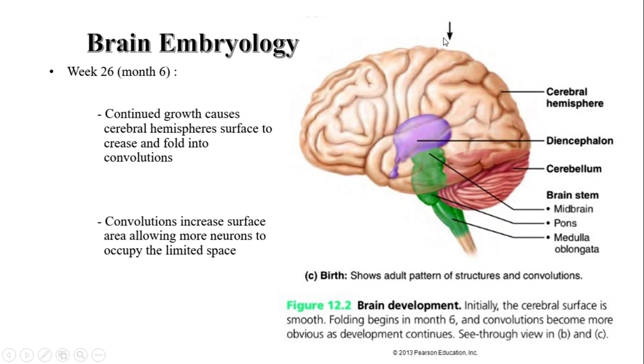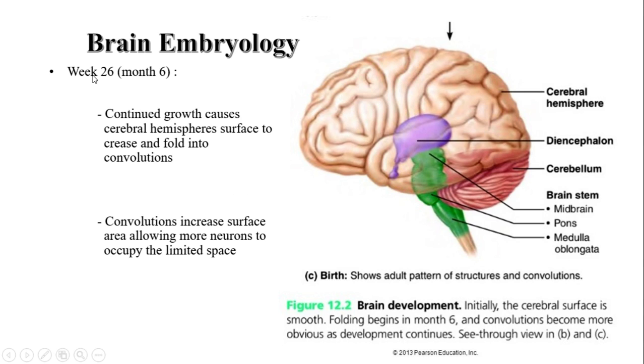You only have a limited amount of area to occupy within our skull, so these foldings are beneficial because we have more area to keep more neurons within a limited amount of space. This is very beneficial to us.